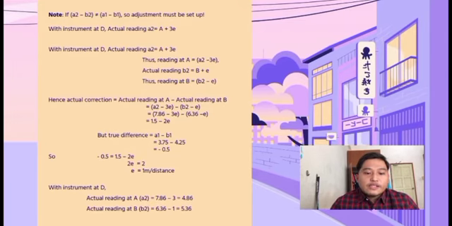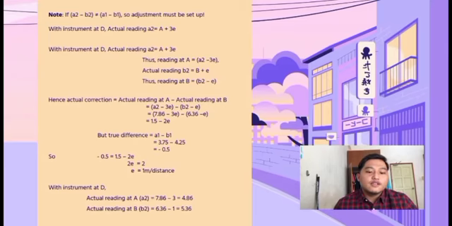A2 minus 3E minus B2 minus E equals 7.86 minus 3E minus 6.36 minus E, equals 1.5 minus 2E.